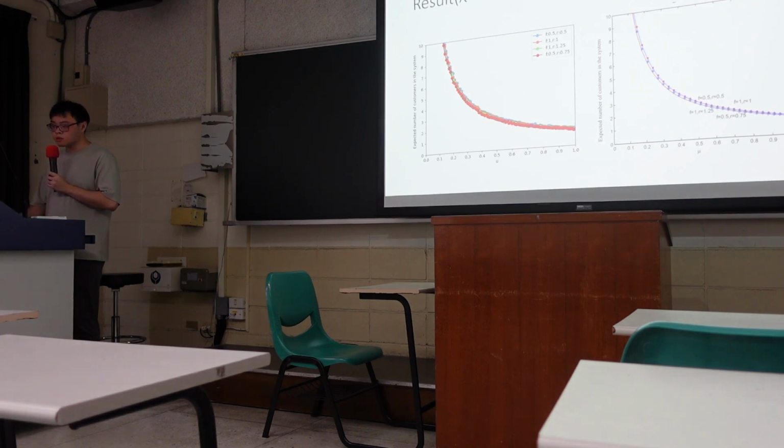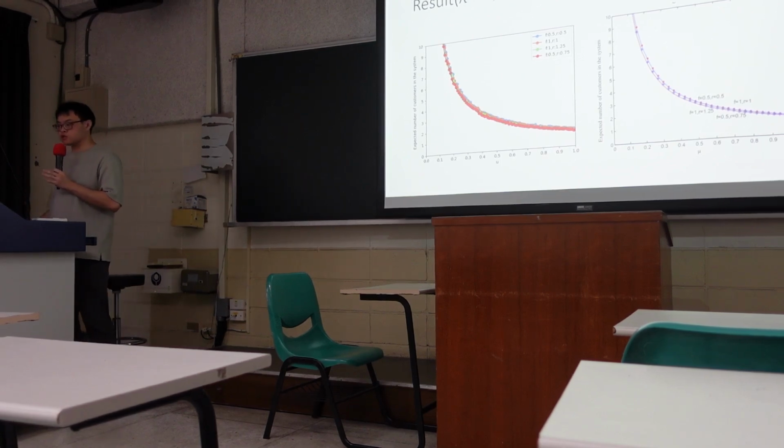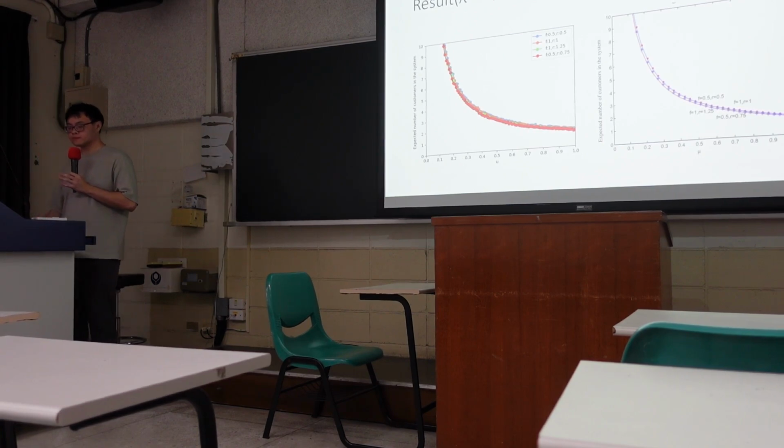And you can see when mu increases, the mean number of customers in the system will decrease. The left one is the simulation, and the right one is the paper's.